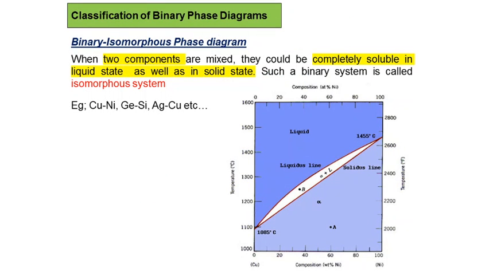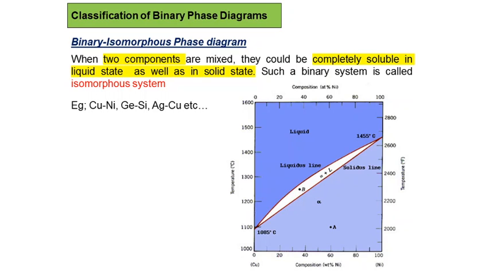So the first example is the binary isomorphous diagram, and the well-known examples are copper nickel alloys, germanium silver alloys, silver copper alloys. If you are considering the copper nickel binary phase diagram or binary system, we know copper is one component, nickel is another component.